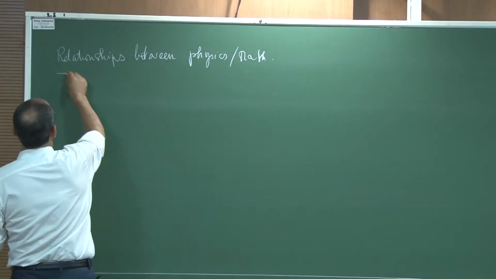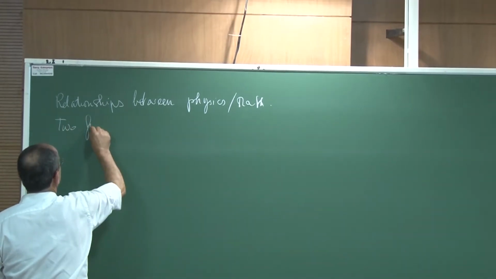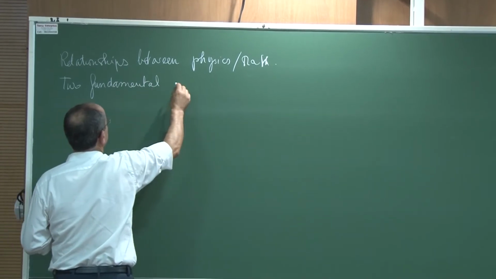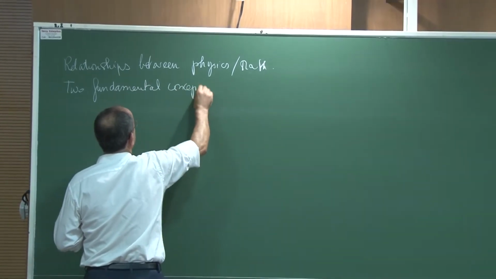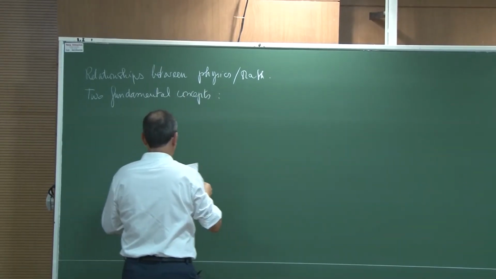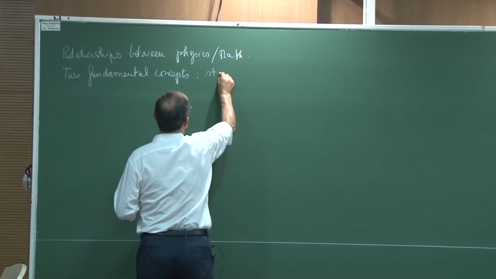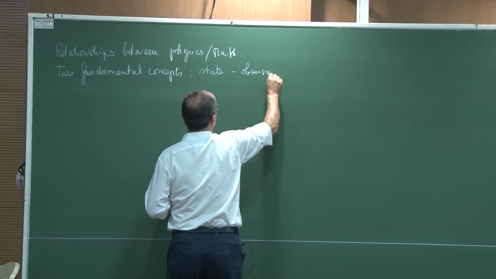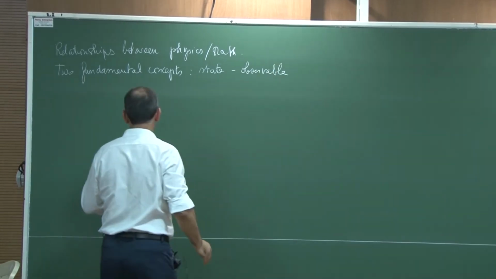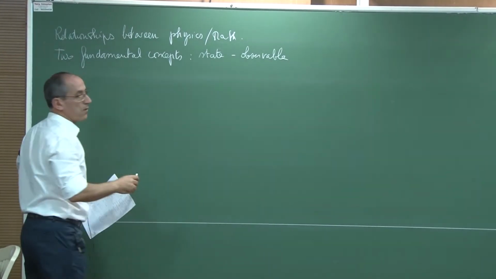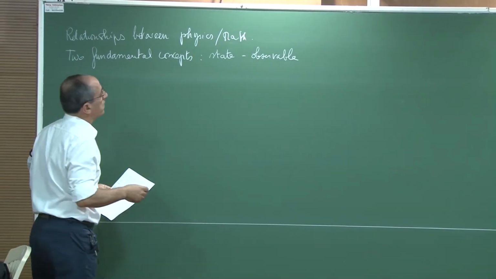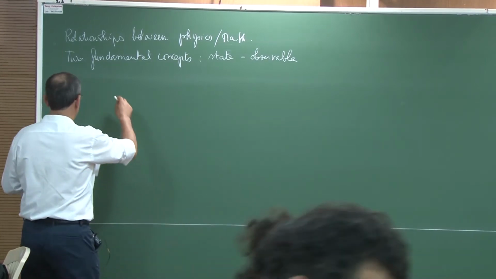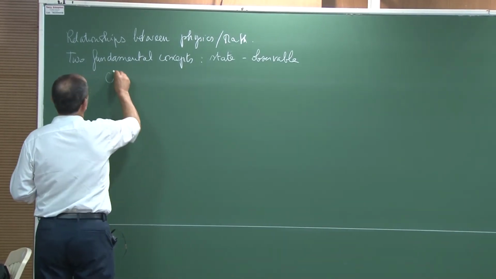Two fundamental concepts in physics: the state, the concept of state, and the concept of observable. And now let us see what is the correspondence, how they are handled in classical mechanics.